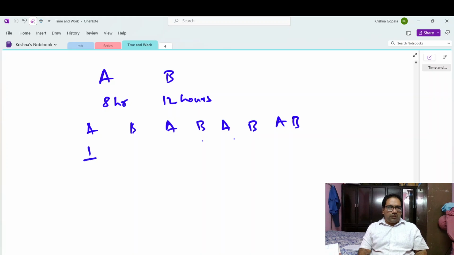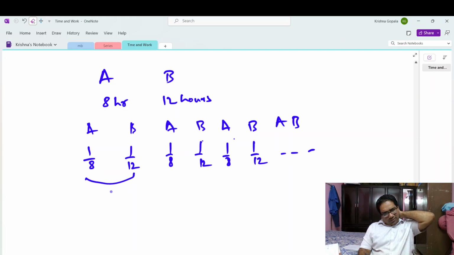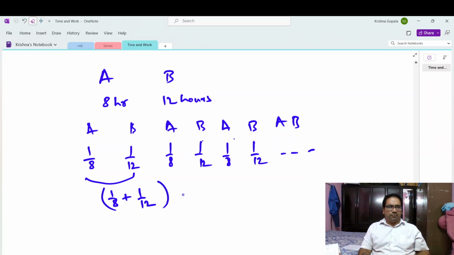So, naturally, A will finish 1/8 of the work, B in the next hour will finish 1/12, then 1/8, then 1/12, like this. So every 2 hours, they will finish 1/8 plus 1/12 of the work.